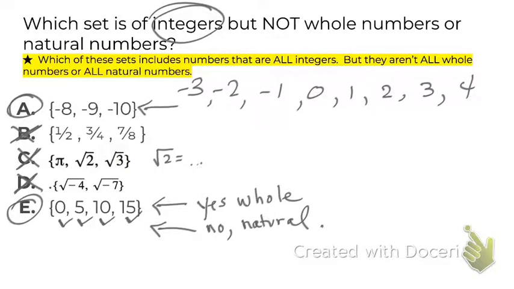How about this one? Are these not all whole numbers? Yeah, I can't say this is a whole number. This isn't a whole number. This isn't a whole number, because whole numbers can't be negative. This isn't a natural number. This isn't a natural number. And this isn't a natural number, because natural numbers can't be negative. So the answer for this one is A.